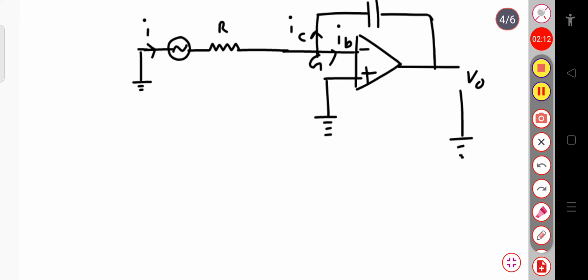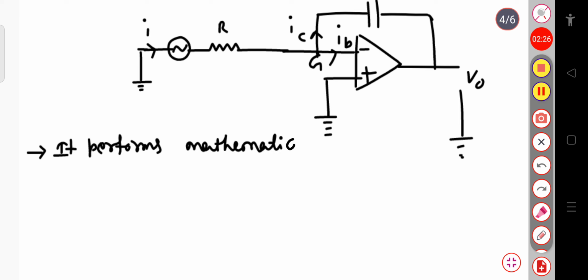So let us write, it performs mathematical integration.